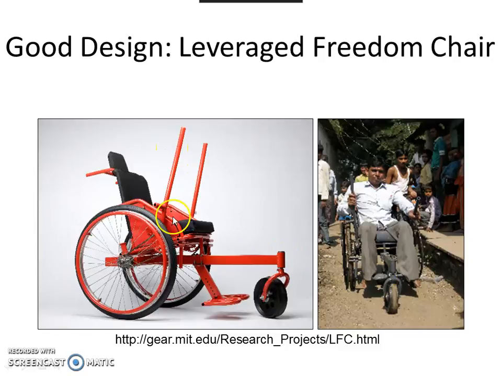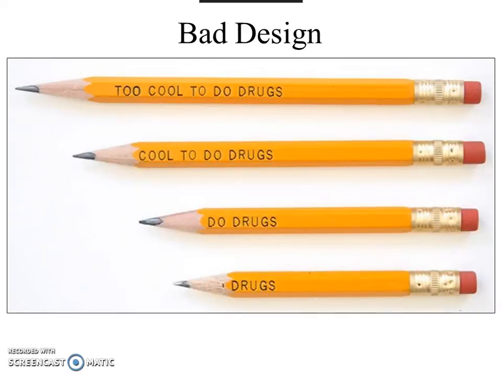So a person using the chair can either go really fast, or they can get a lot of leverage depending on where they place their hands on these bars as they use the bars to ratchet the wheels and move the wheelchair forward. So this is a cool design, an example of really good thought about how the end user would ultimately use this chair and what environment that user would use the chair in.